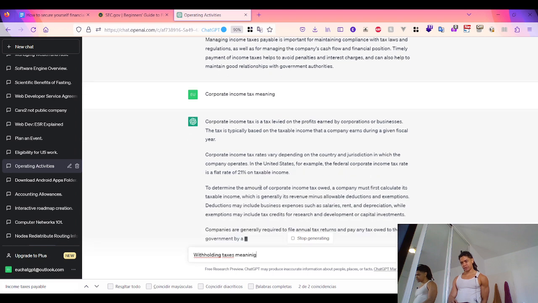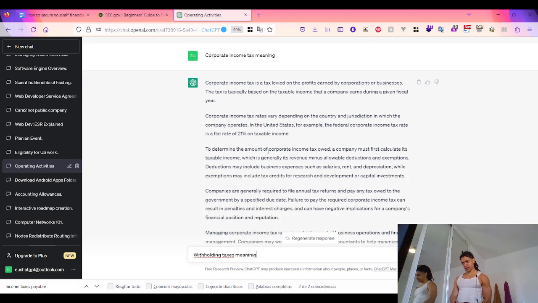The tax is typically based on the taxable income that a company earned during a given fiscal year. Corporate income tax rates vary depending on the country and jurisdiction in which the company operates. In the United States, for example, the federal corporate income tax rate is a flat rate of 21% on taxable income.